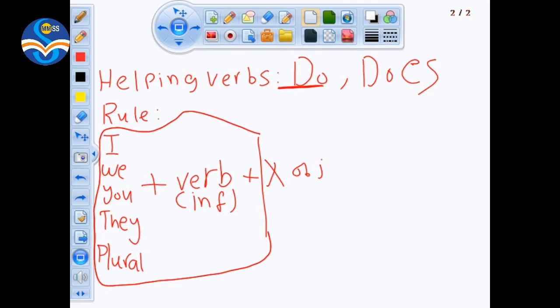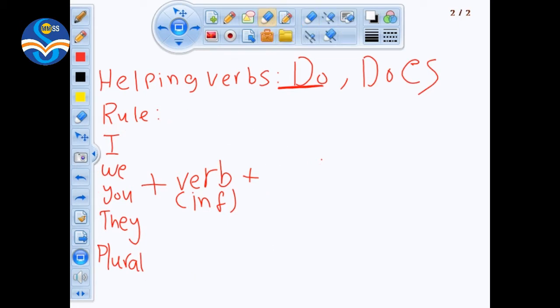What do I mean with bare infinitive form? It's the verb with its origins, without putting s, without putting es, without putting ing, without putting ed, without putting anything. I just get the verb. So let's try to take an example about the sentences using the present simple.